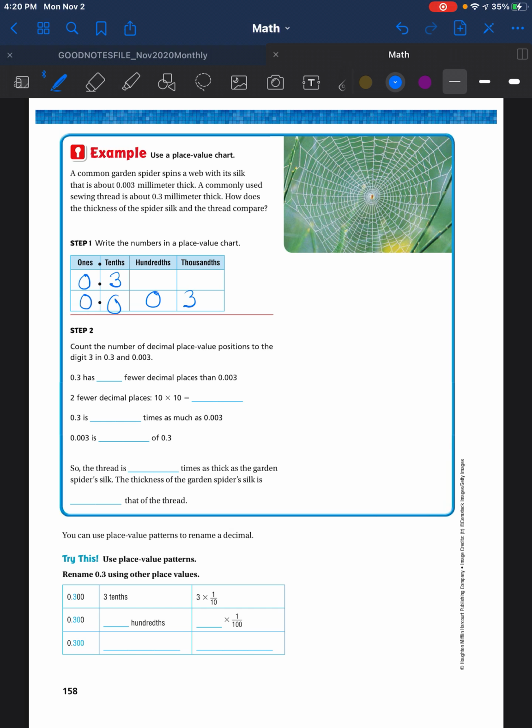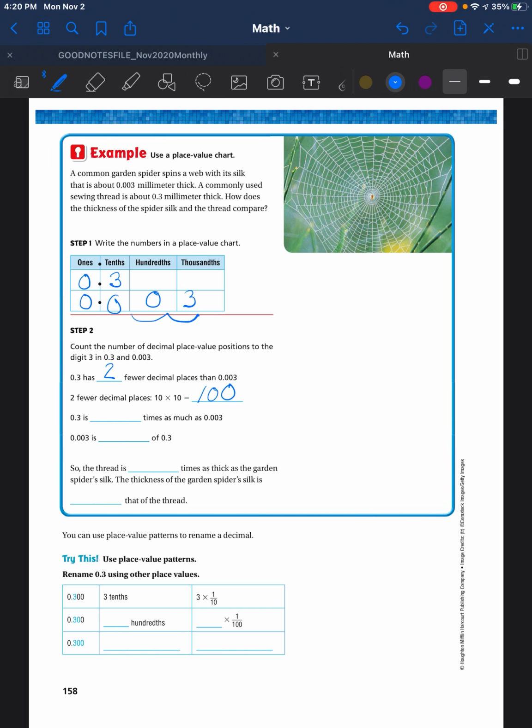If we look at these, it says 3/10 has blank fewer decimal places than 3/1000. If you guessed 2, you're right, because right here we have 2 fewer decimal places. 10 times 10 equals what? 100.